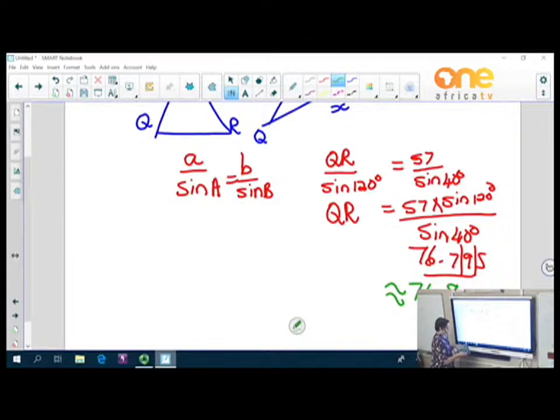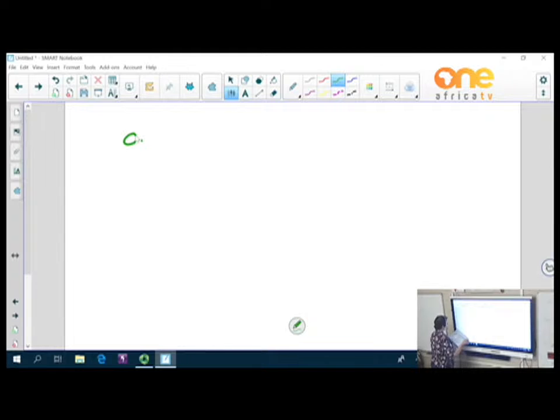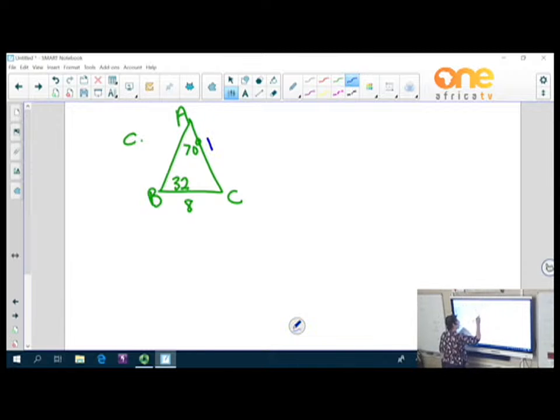76.8. Okay. Right. The next one is number C. In triangle ABC, so I draw the picture so that I can see which one is which one. Now they say the small letter a is 8. Angle A is 70 degrees, and angle B is 32 degrees. And we have to find b, which is now this one, the small letter opposite the angle.